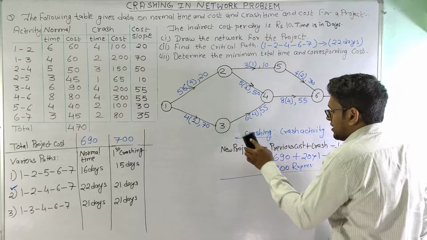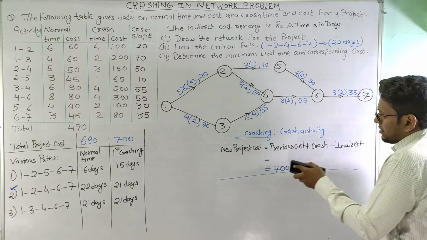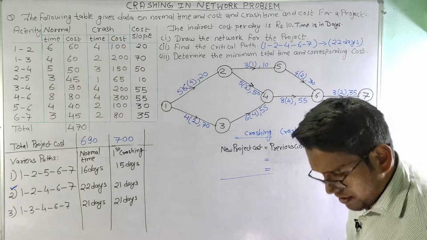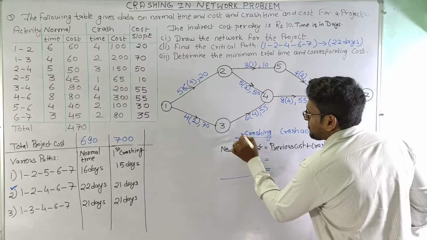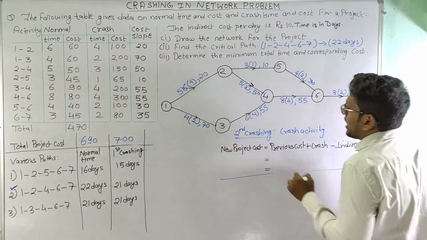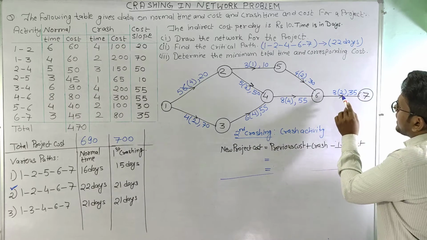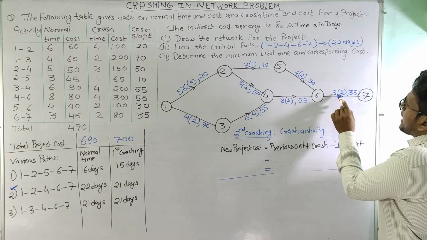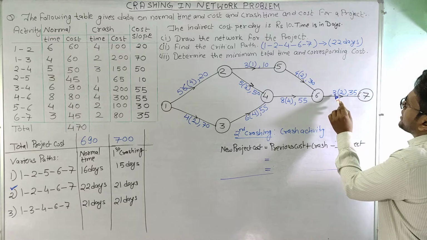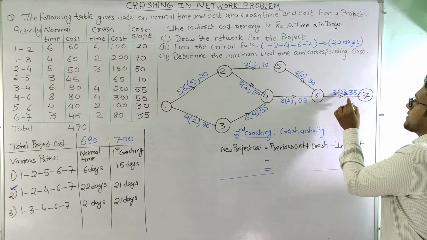So let us see. In the second crashing, we are going to crash activity 6, 7, and we can see that this activity can be crashed a maximum of 1 day, because normal time is 1, crash time is 2.